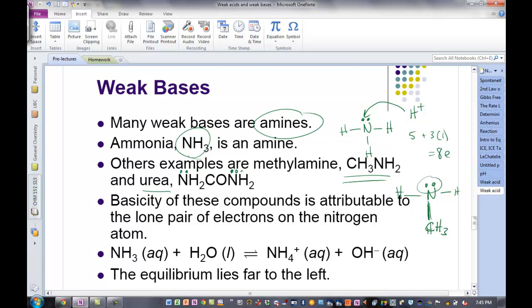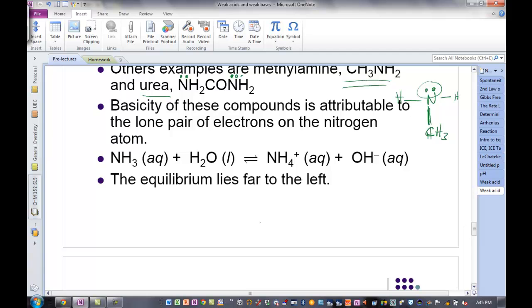Okay? Weak bases, like weak acids, have equilibrium lying far to the left. Again, typically about 1% ionization, approximate. But now, Bronsted definition, lone pair on nitrogen accepts the H+, so ammonia is our base, hydrogen ion acceptor. Water is now functioning as an acid.